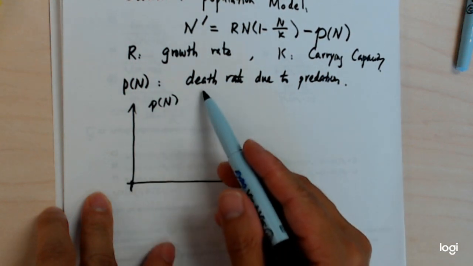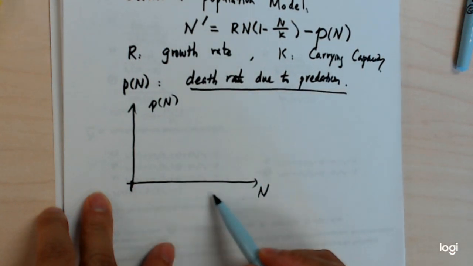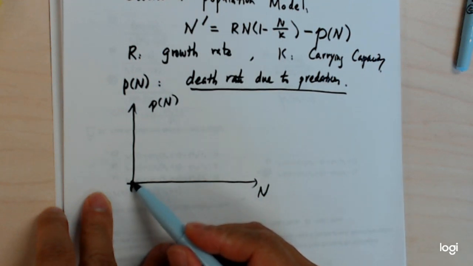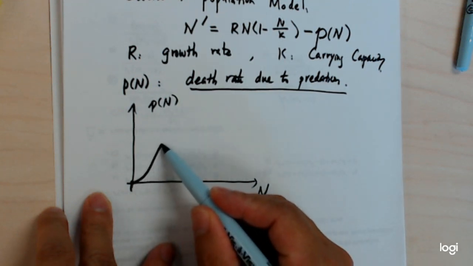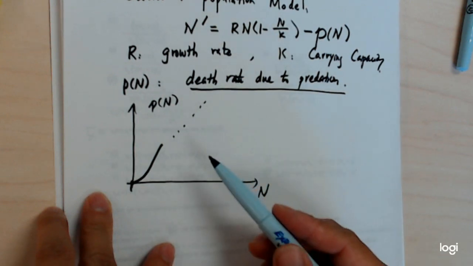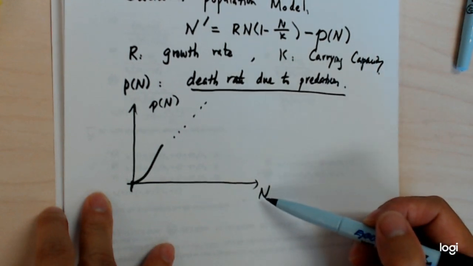The predation rate, this death rate due to predation, obviously should be increasing as n increases. At the same time, it's not going to increase exponentially or linearly without any bound, because even if there are plenty of budworm, the birds may simply have had enough. They do not need that many budworms.